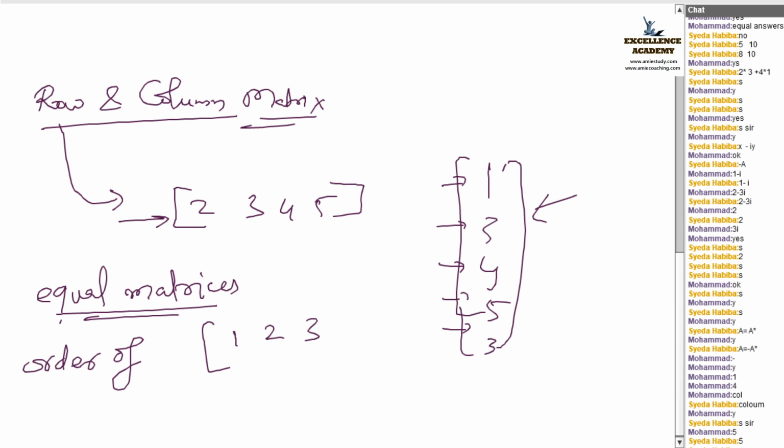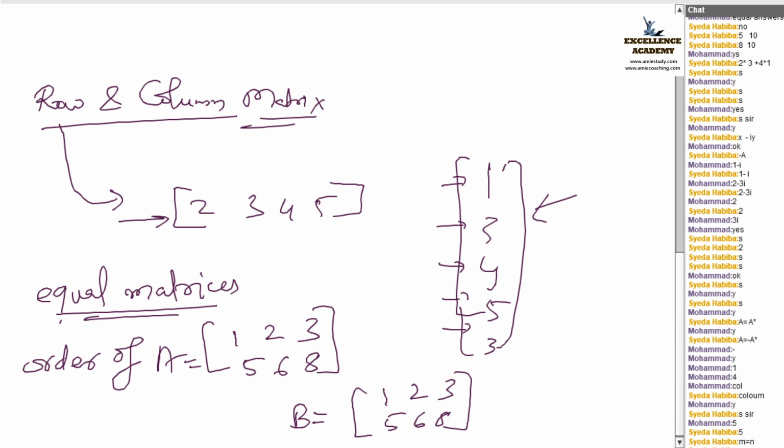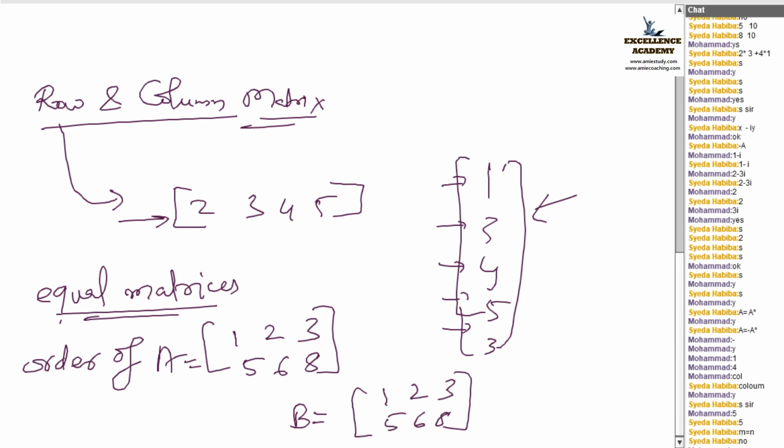If I write A as 1, 2, 3, 5, 6, 8 and B as 1, 2, 3, 5, 6, 8, is m equal to n here? No, it is not necessary that it should be a square matrix. m equal to n is a condition for a square matrix.